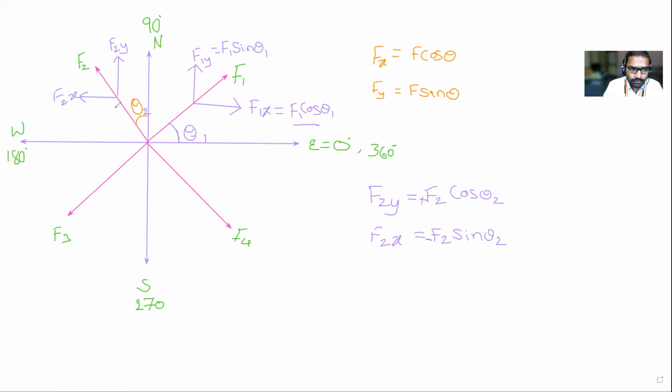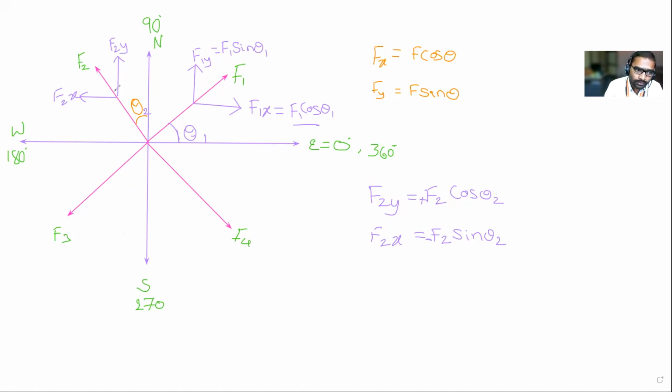Whenever a force is making an angle with respect to some direction, along that direction the component is always cos, and the remaining component is always sin. Clear everyone? The force F1 is making an angle theta 1 with respect to the x axis, that's why the x component is cos and the other component is sin.